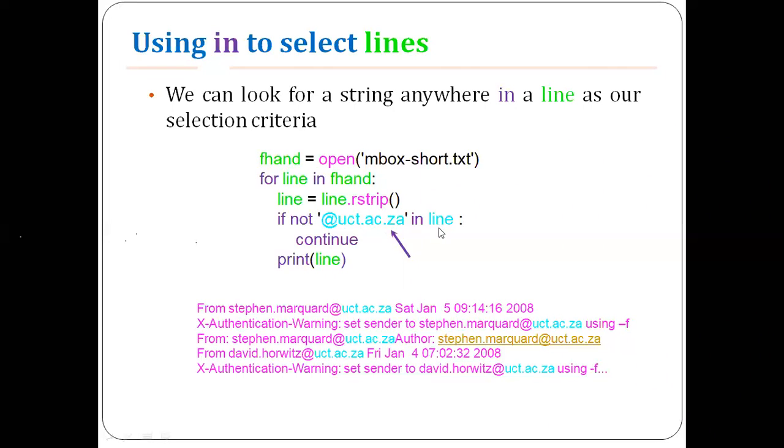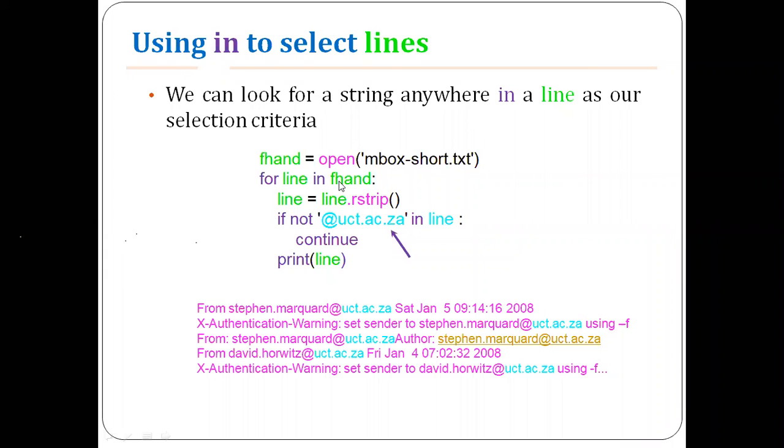If the line doesn't contain this substring, that is @uct.ac.za, I'm skipping the rest of the line. The whole idea is that I want to print only those lines which contain @uct.ac.za as their email IDs. Those lines which don't contain @uct.ac.za will be skipped.